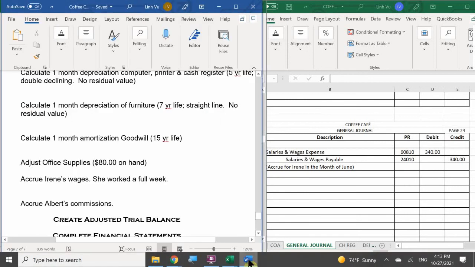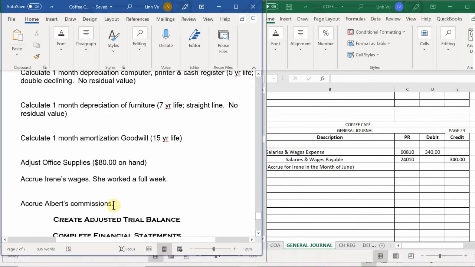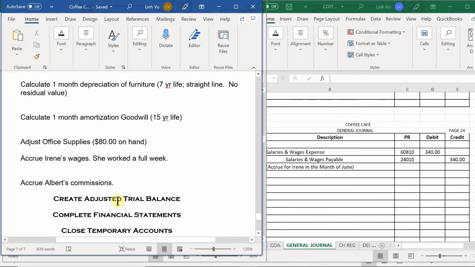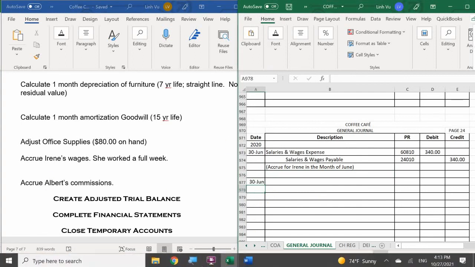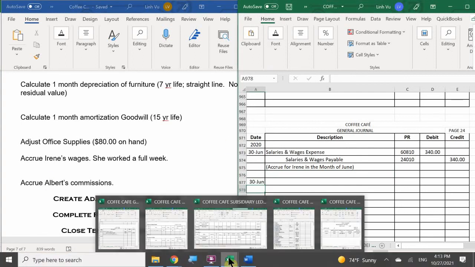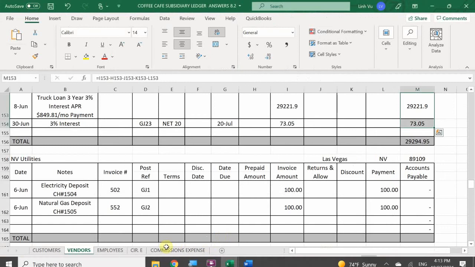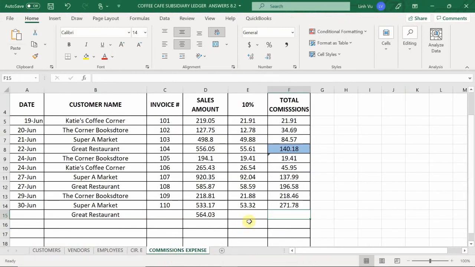That's all. So last but not least, let's go ahead and accrue Albert's commissions. Albert has some commission there. So let's see how much he's earned so far. How much do we owe Albert? We have 271.78.